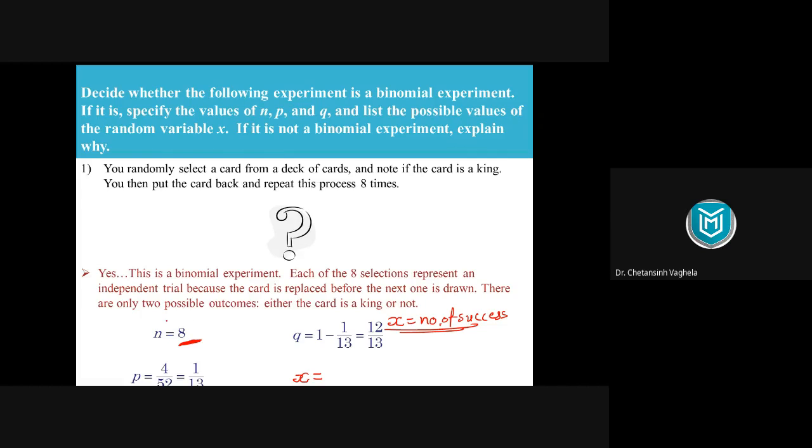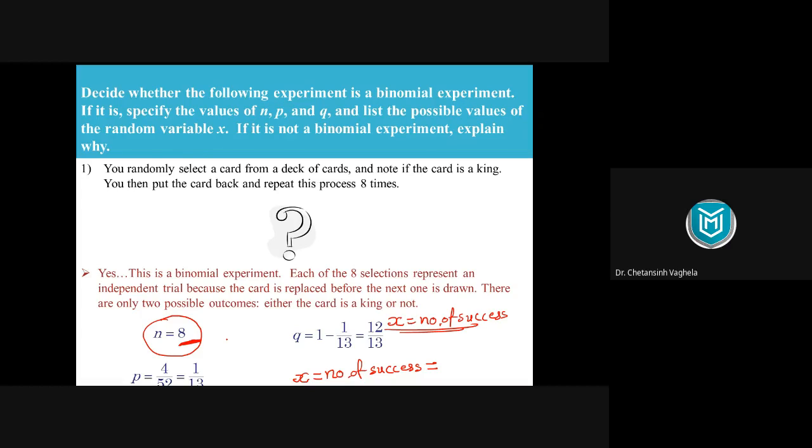Can you give a comment related to the number of success? If x is my number of successes, then x की वैल्यू क्या हो सकती है? अगर मैं 8 बार ट्राई कर रहा हूं तो कितनी बार सक्सेस मिल सकती है? 1 बार, 2 बार, 3 बार, 8 बार, 16 बार, कितनी बार हो सकती है? What should be the value of x?